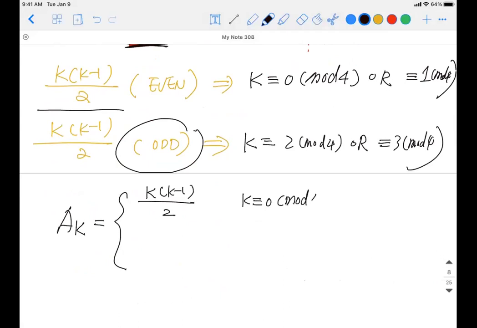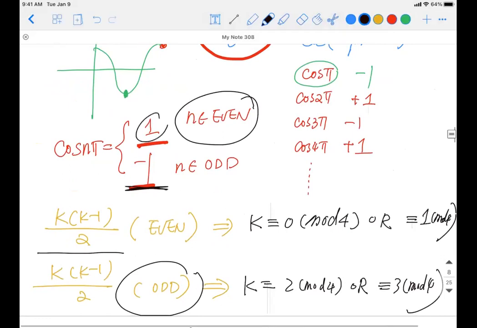As long as k is congruent to 0 modulo 4 or 1 modulo 4, AK is going to be your positive integer, because by that time your cosine theta is going to be equal to 1.